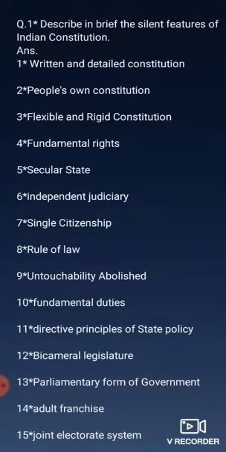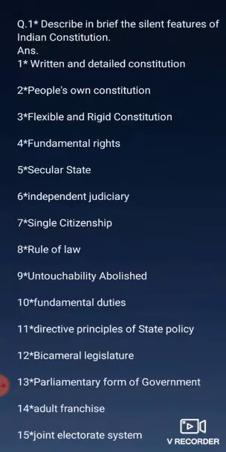Third feature is flexible and rigid constitution. The Indian Constitution is rigid as well as flexible. Some of the articles of the Constitution can be amended by a simple majority of the Parliament.